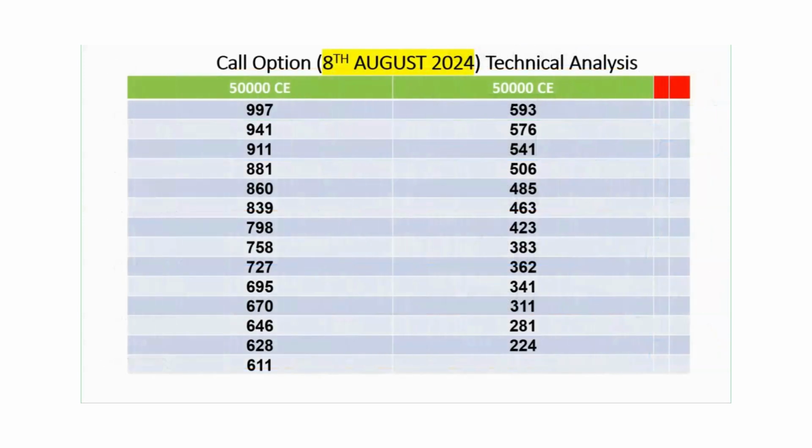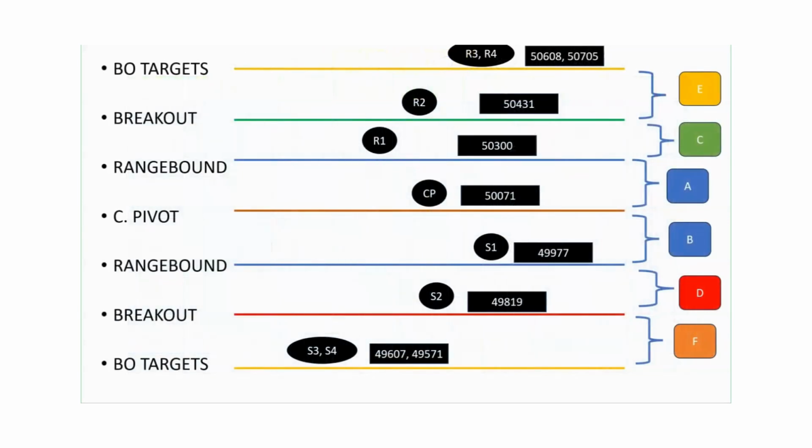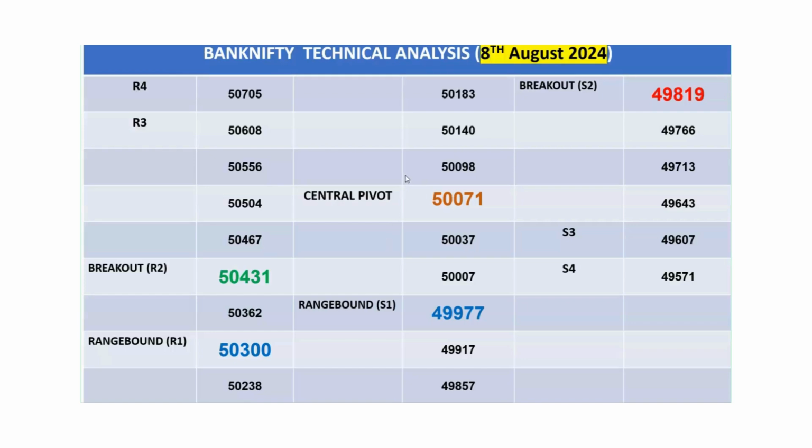Okay, so if we draw a picture for that, this is the entire position where we should place our supports and resistances. What we have to do is draw these lines on the chart, actually the main ones. We don't have to draw the minor levels, but we must draw the major levels on the chart so that it guides us.